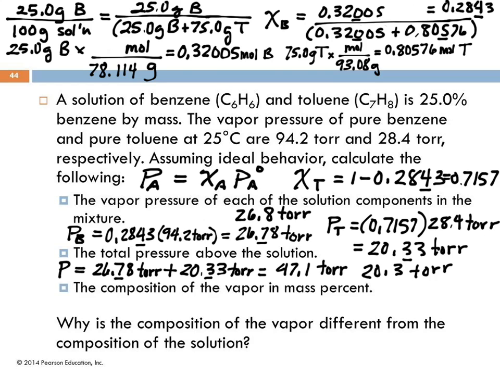What do we know about the relationship of the pressure of a gas and the number of moles of a gas? If we increase the number of moles of gas, does the pressure increase or decrease?